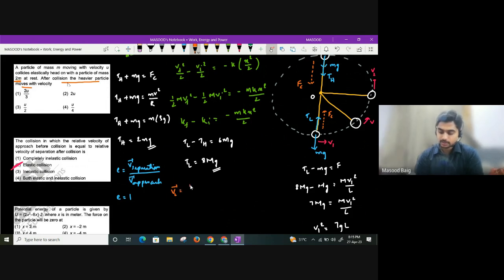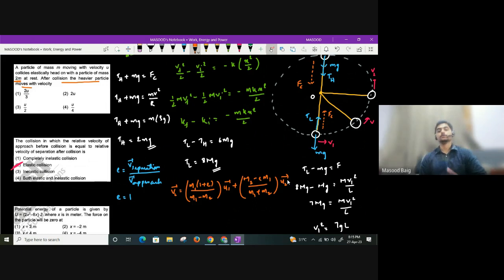V2 bar, as I said, will be given as m1 into (1 plus e) divided by (m1 plus m2) into u1 bar plus (m2 minus e m1) divided by (m1 plus m2) into u2 bar, because it is an elastic collision and e value will be 1.